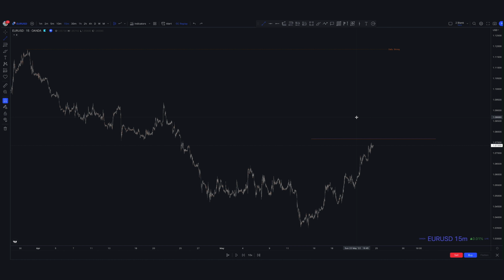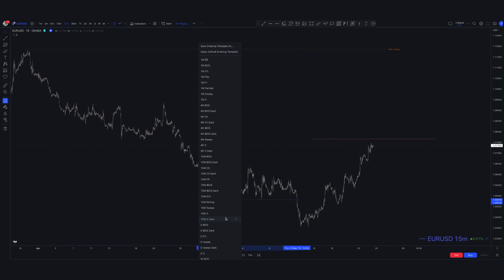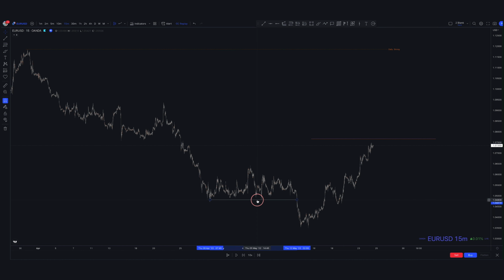So anytime here, if I'm looking at the daily, price can just be switching again. Let me just grab this, and I'm just gonna do the 15 minutes. And then again, it looks pretty similar to the 4 hour.